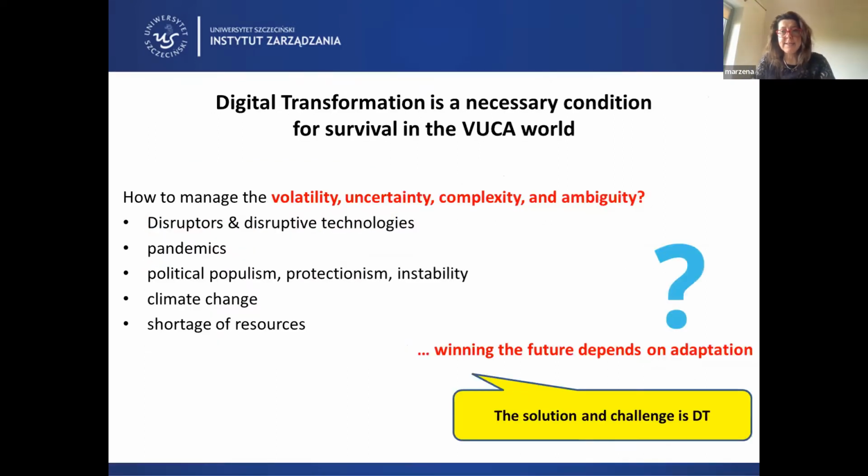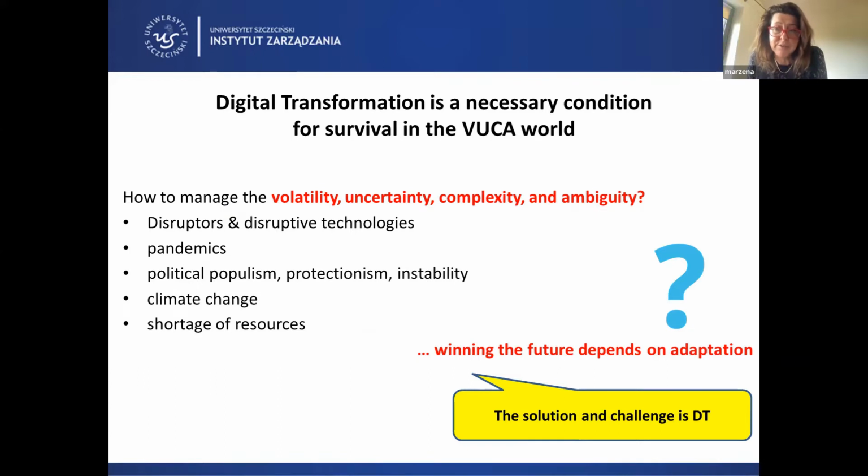The VUCA world, you probably know this term. When I heard it a few years ago, it was something strange for me, but now I realize that in fact we are living in this VUCA world.